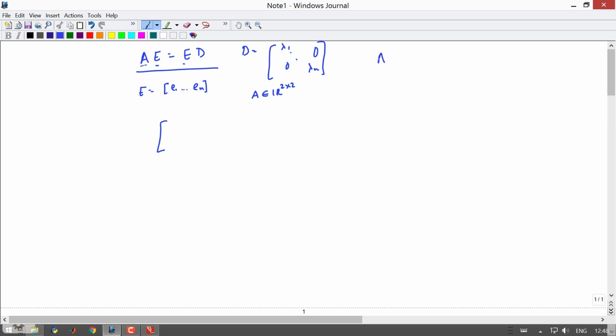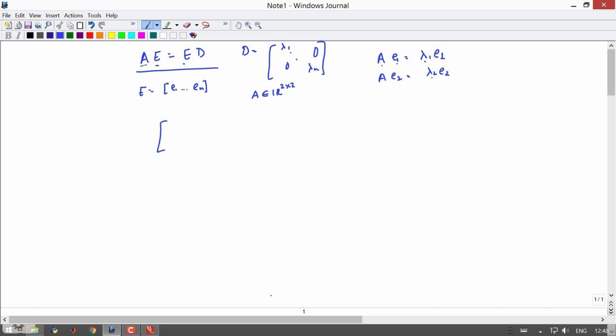I know that A times E1 is lambda 1 times E1, and similarly A times E2 is lambda 2 E2. So given a matrix A, I have an eigenvector E1 which satisfies this relation corresponding to an eigenvalue lambda 1, and similarly with lambda 2.